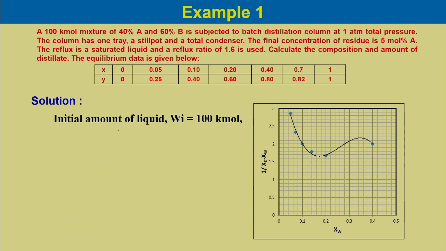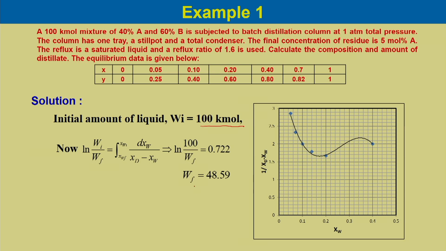Now, the initial amount of the liquid, which is wi, is 100 kilomole. So, if we use it in this equation, ln 100 by wf would be equal to 0.722. So, from here we can calculate wf would be equal to 48.59.